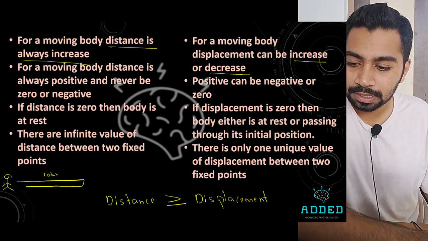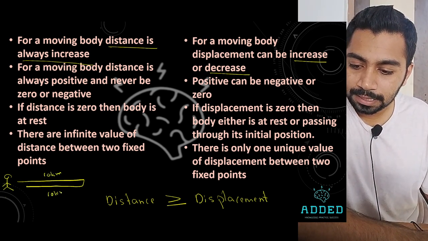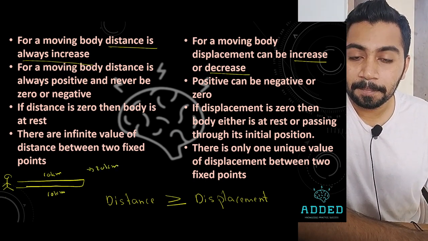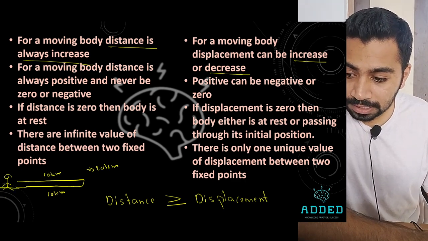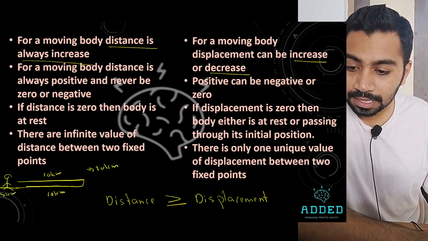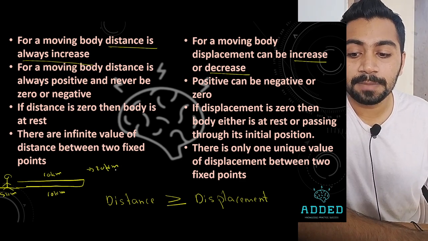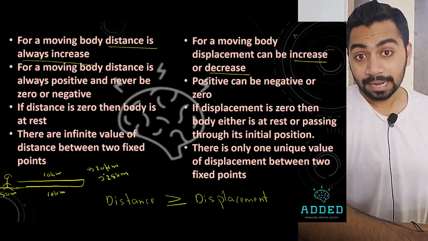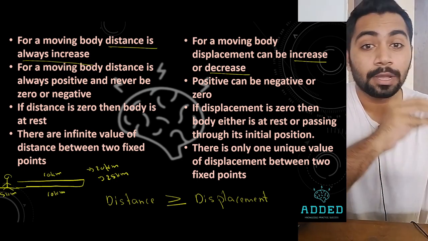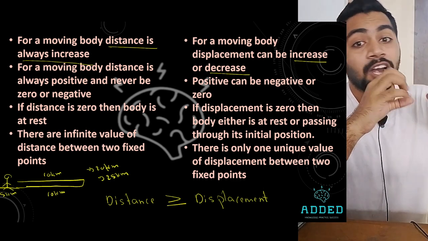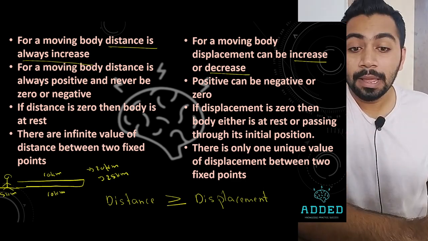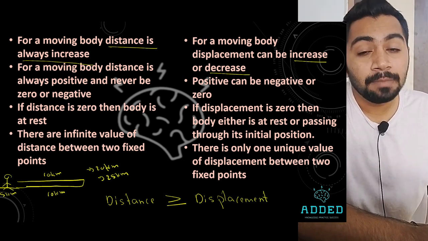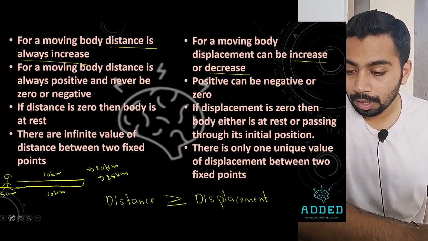If it is 10 kilometers, and if it is 10 kilometers, distance becomes 20 kilometers. Now if again you travel somewhere here for 5 kilometers, your distance becomes 25 kilometers, right? So distance can never be zero. Distance is actual path, so it is always added, positive. But if you come to displacement, it can be negative, can be positive, can be zero. How?